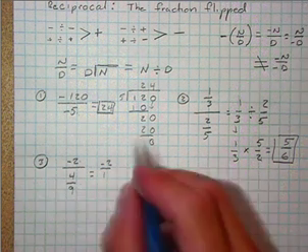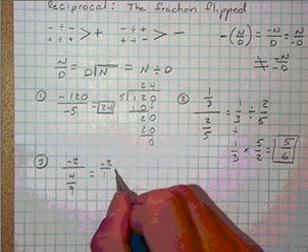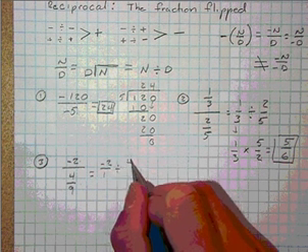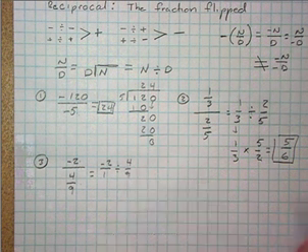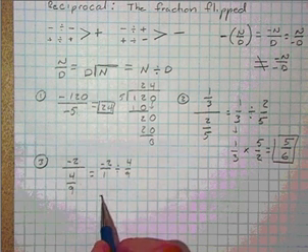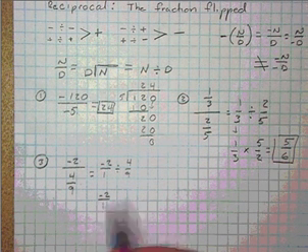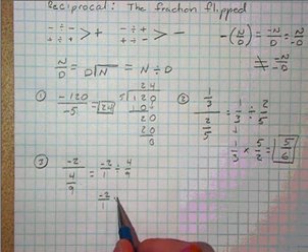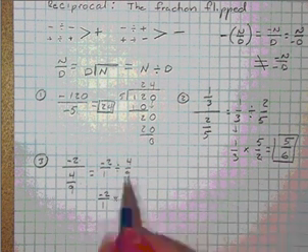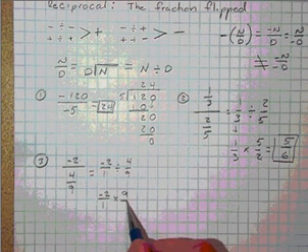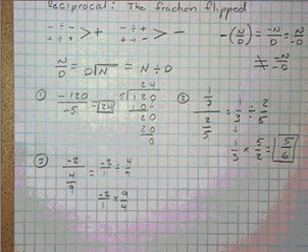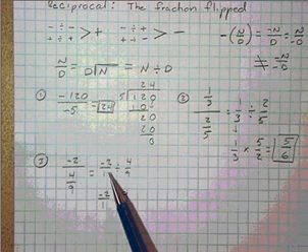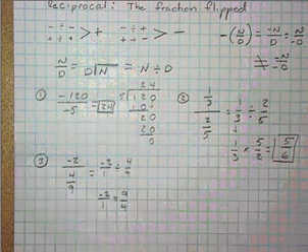So I'm going to do -2/1, and then I'm going to divide that by 4/9. And I'm going to copy my first fraction, change my division to multiplication, and then I find the reciprocal of my second. A lot of teachers say copy, change, flip.